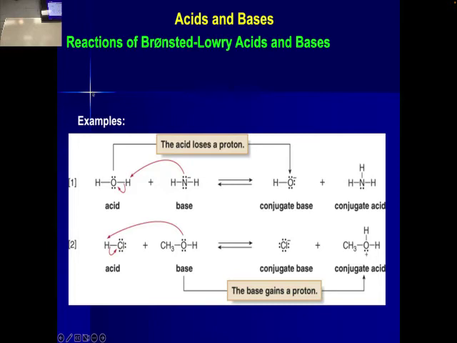These electrons in this bond, are they equally shared or unequally shared? Unequally shared. And where are they spending most of their time? Close to the oxygen. That means the hydrogen would like to have some more electrons because it's kind of deficient. Where can it get them? It can get them from the base. The base has a lot of electrons. In fact, it's negatively charged. Not all bases are negatively charged, by the way, but this one happens to be.